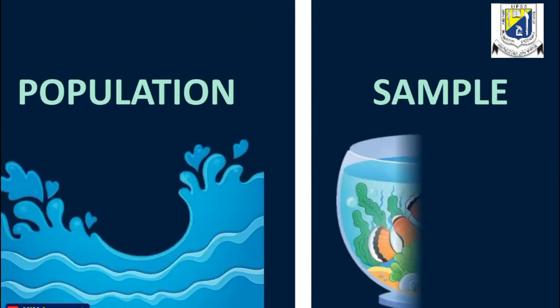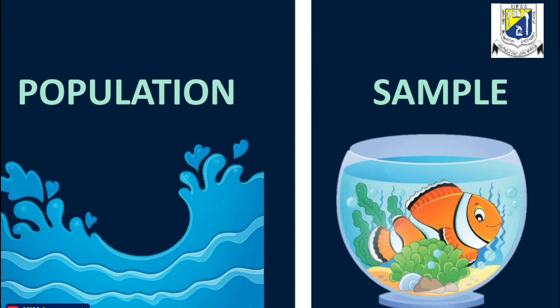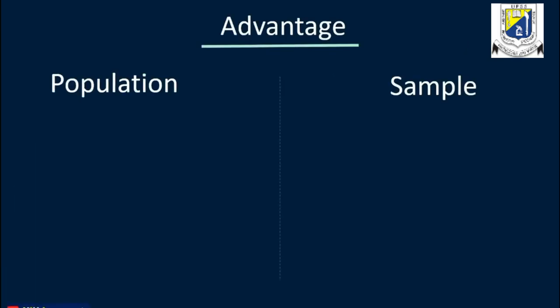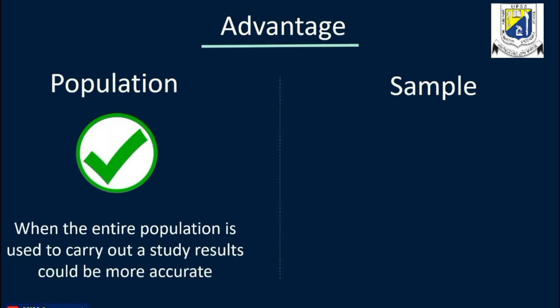Now let's look at the advantages of both population and sample. Beginning with advantage of population. When the entire population is used to carry out a study, results could be more accurate. Sample.